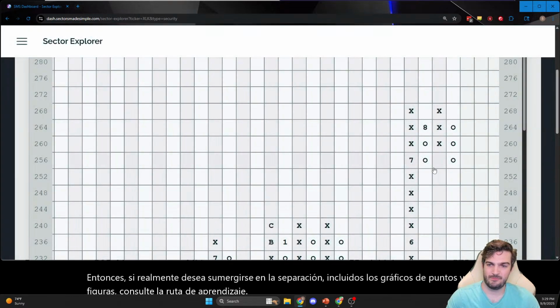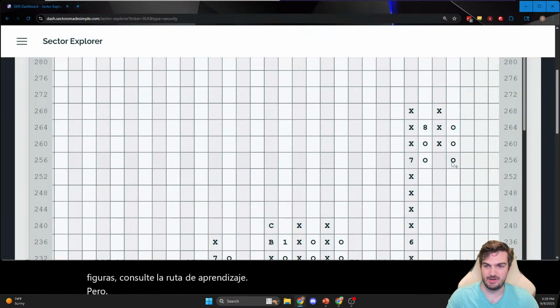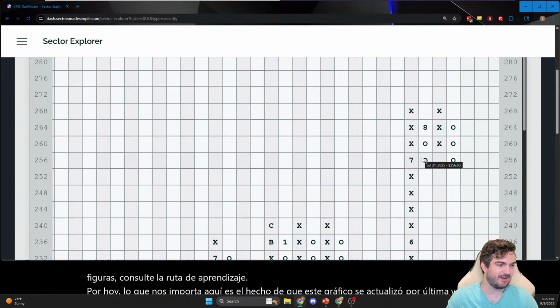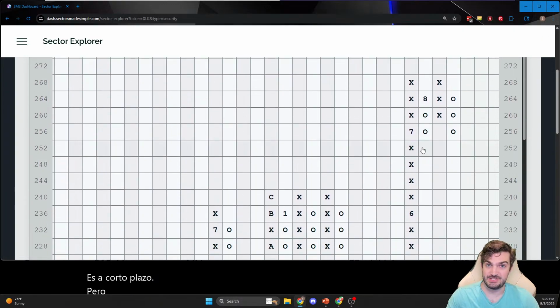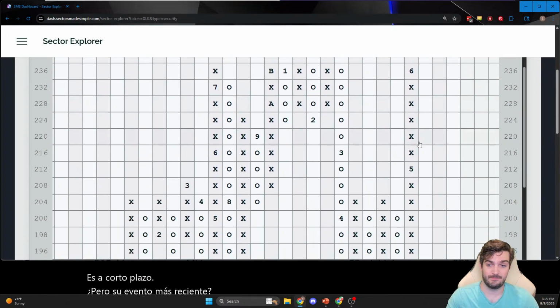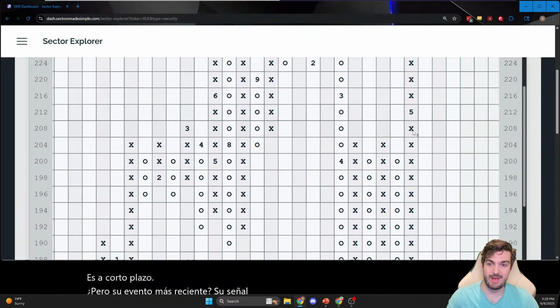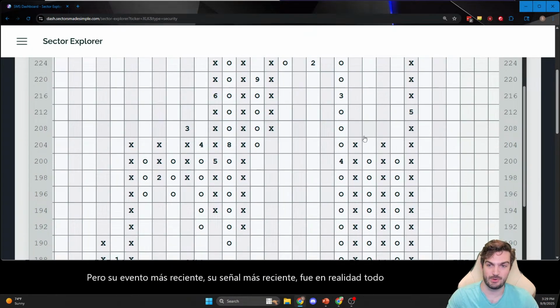But for today, what we care about here is the fact that this chart was last updated on August 19th. But check this out. It is in a short-term downtrend. But its most recent event, its most recent signal, was actually all the way back on April 24th.